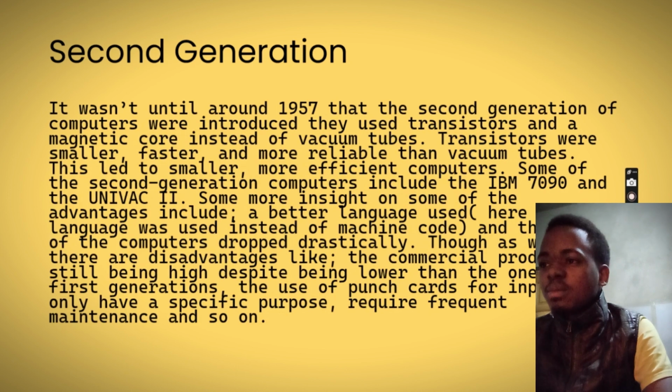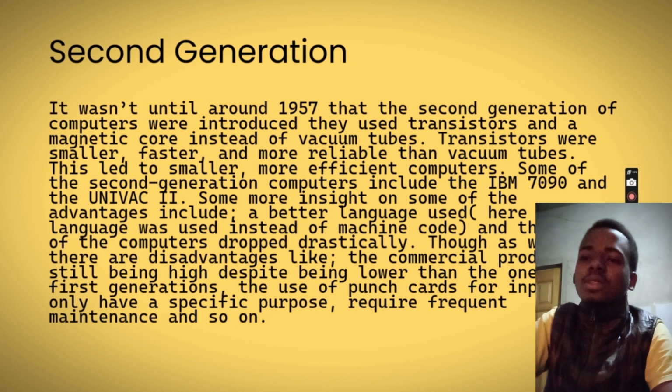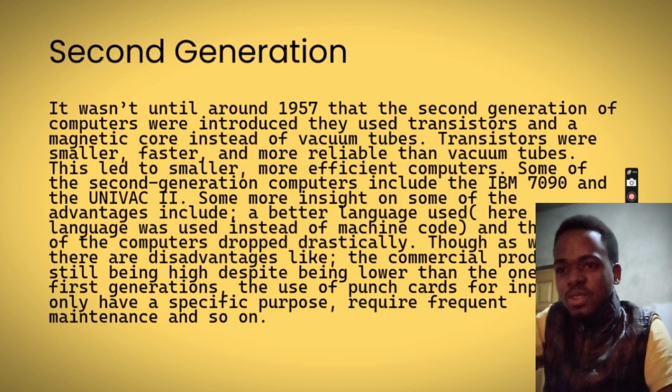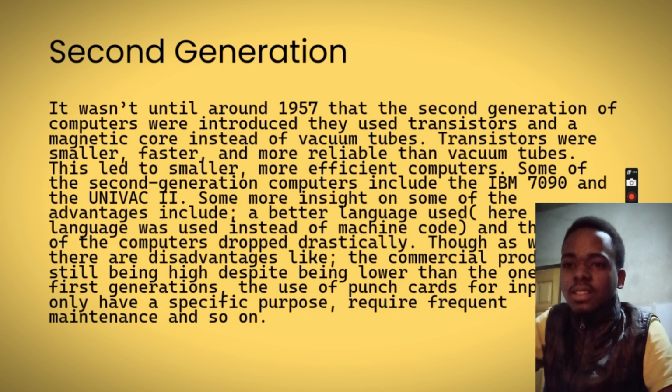Now, the second generation of computers. It wasn't until around 1957 that the second generation of computers was introduced. These used transistors and magnetic cores instead of vacuum tubes. Now, what are transistors? Transistors are semiconductor devices that play a fundamental role in modern electronics.